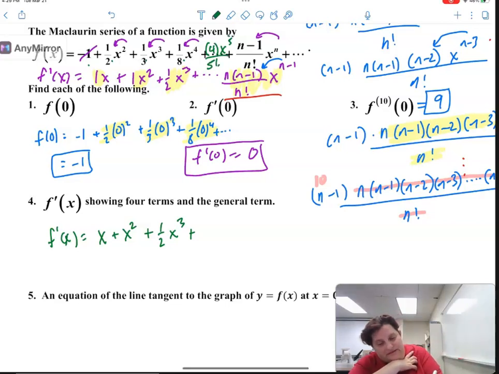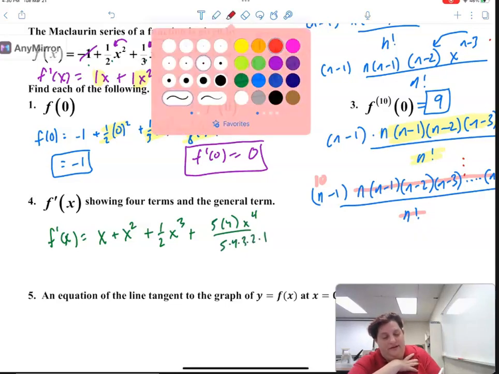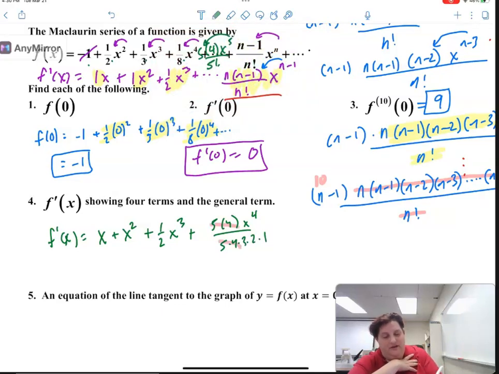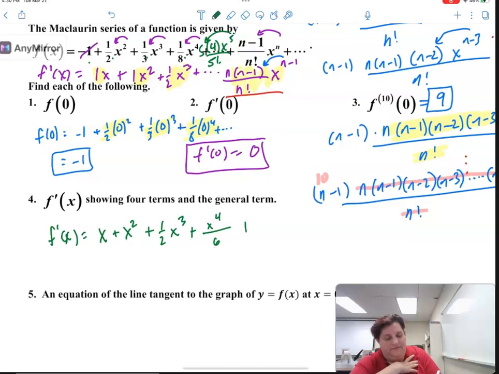When I bring this down to make that my derivative, it's 5 times 4 x to the 4th over 5 factorial. Well, 5 factorial is 5, 4, 3, 2, 1, so that will cross off. So my next term is just x to the 4th over 3, 2, 1, and we know 3 times 2 times 1 is 6. So I can just erase that and put x to the 4th over 6. It's kind of hard to see the pattern, but that's where that's going to go.